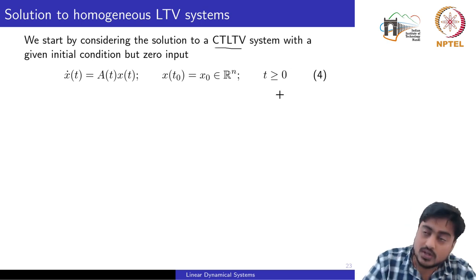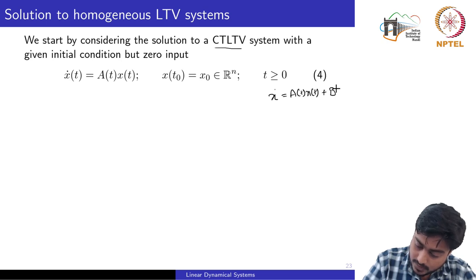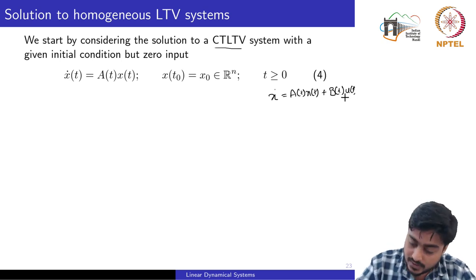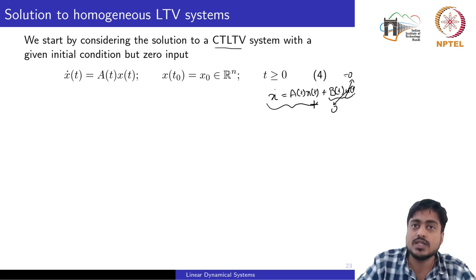If we recall the initial representation of the state space, it was x dot is equal to A(t) x(t) plus B(t) u(t). Now we are taking u(t) equal to 0, so this whole part goes to 0, and we are dealing only with the homogeneous part.